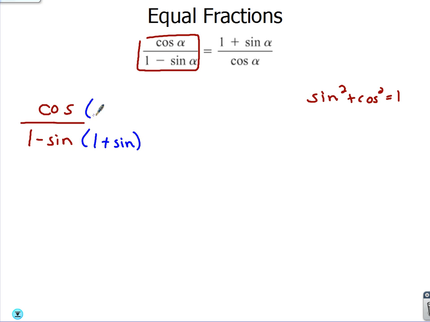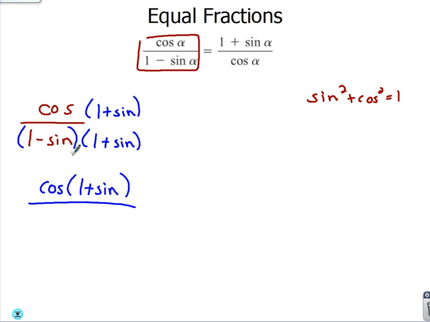It's something you do a lot all through math. When you want to transform something, try multiplying by its conjugate. The top turns into cosine times 1 plus sine. The bottom, when you multiply conjugates, you simply multiply the first and the last, and that turns into 1 minus sine squared.